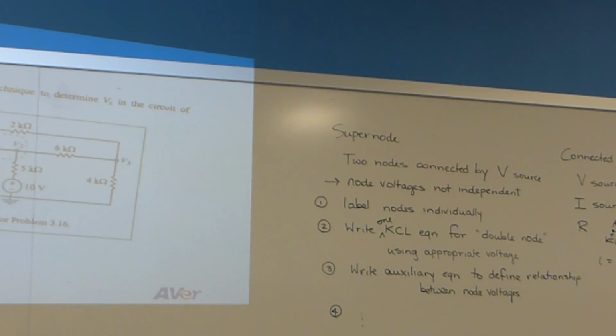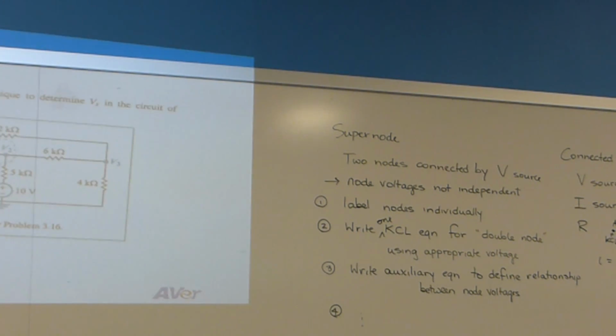Okay, so let's do an example. And then I have a comment about the example. This is the one we're going to start with. So we see three extraordinary nodes. 1, 2, 3.